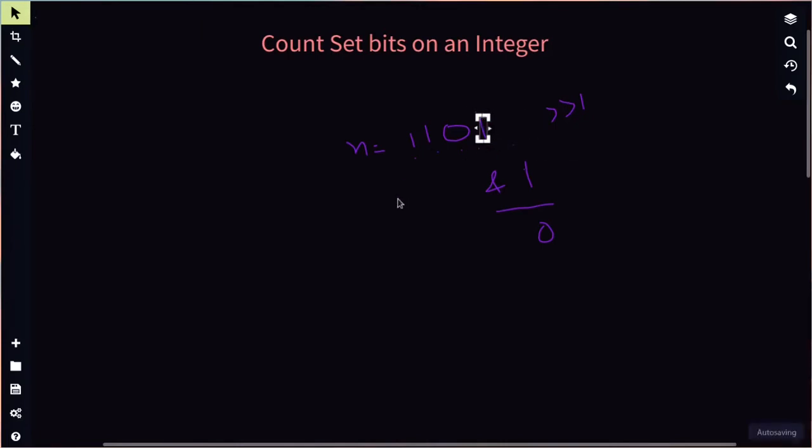When you perform this right shift operation, you will get 0 at the front, at the most significant bit, and everything is moved one bit rightwards. Now you can check if the rightmost bit, that is the least significant bit, is set or not by simply doing an AND operation with 1.